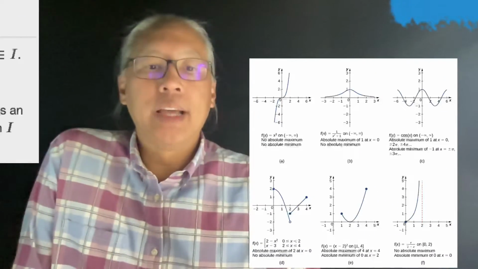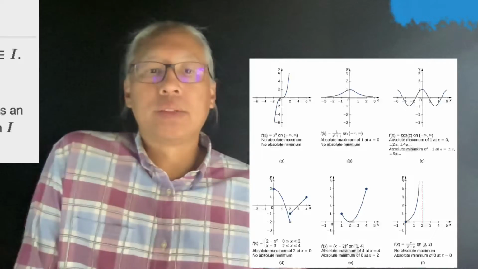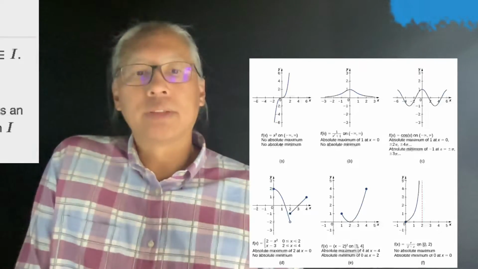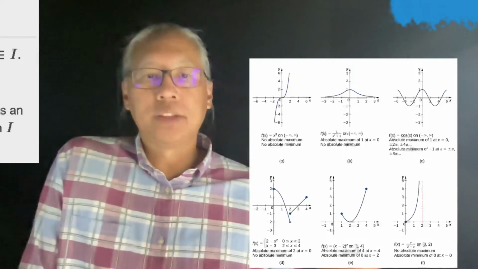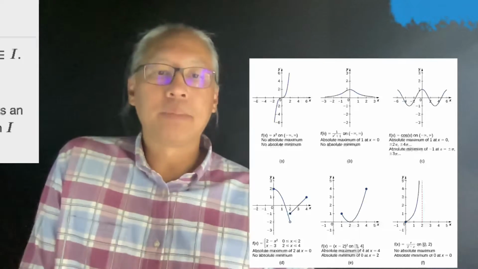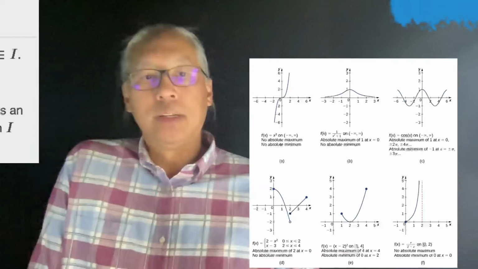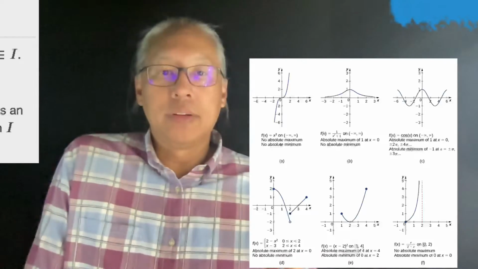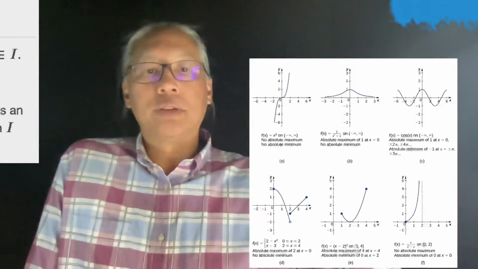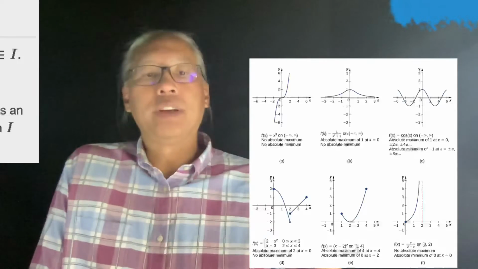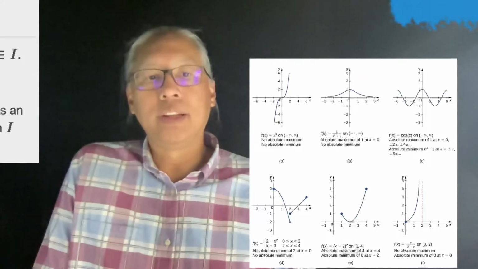Now, here are some examples of ideas within closed or open intervals. If we're looking at minus infinity to infinity in our first example, x cubed, it has no maximum or minimum because the function just goes up as x goes to positive infinity and goes down as x goes to negative infinity.